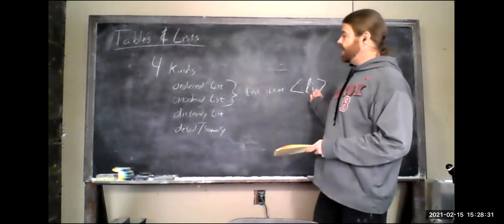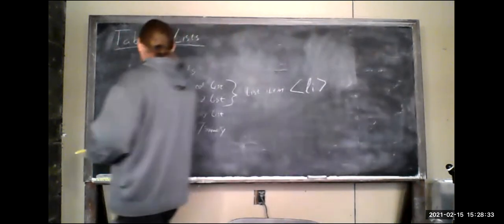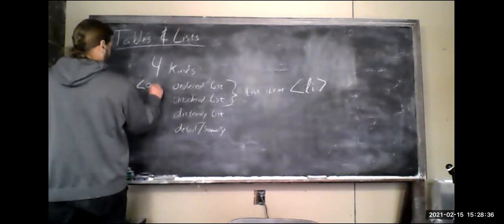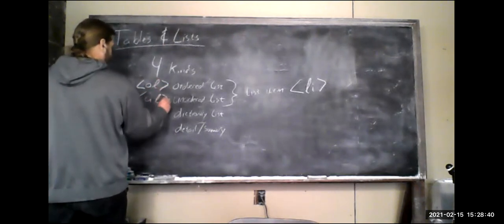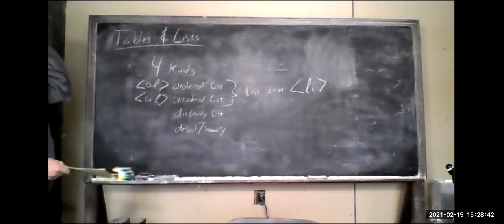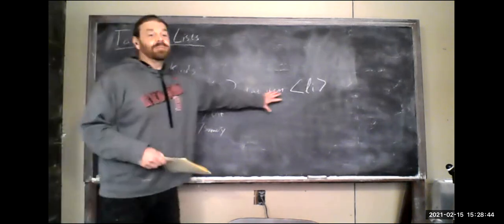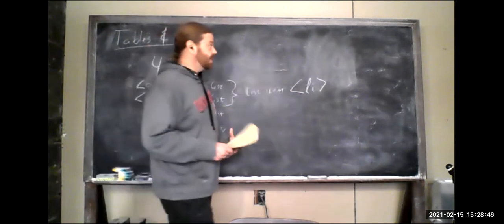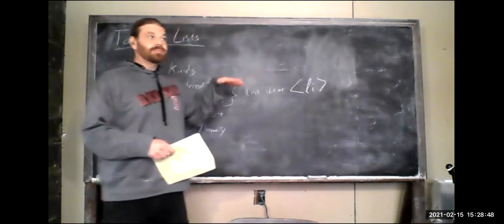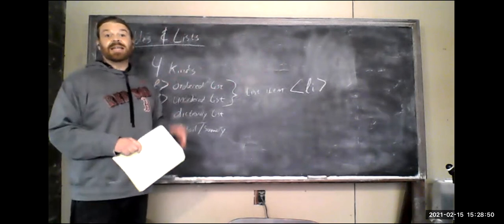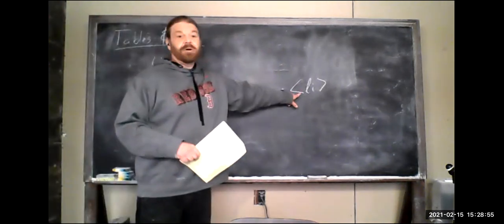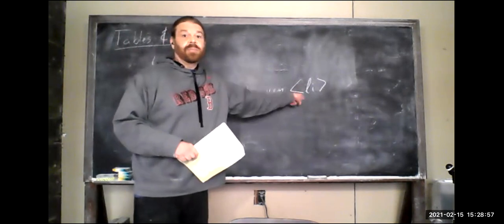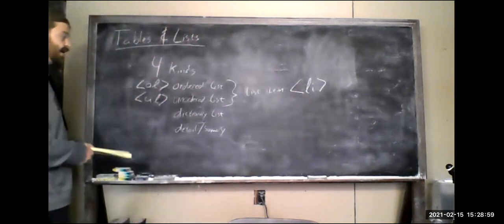We can only put an LI tag inside of the OL or UL tag. And list items include a line break. When we make lists, we usually put each thing on its own line. So like a paragraph tag, a list item tag does include a line break.